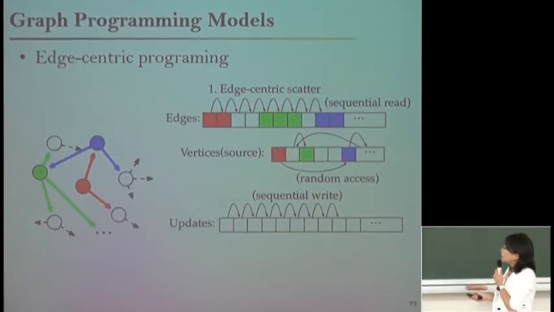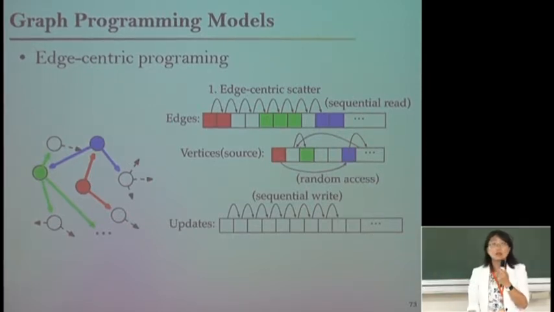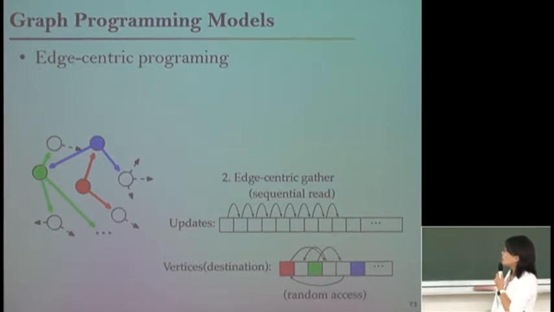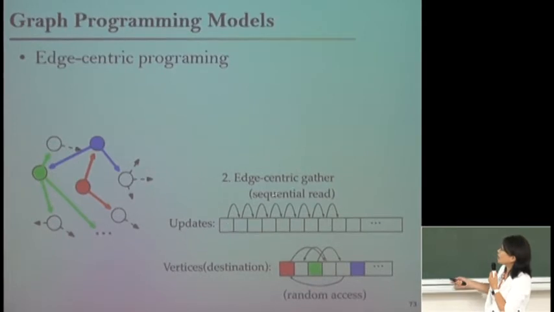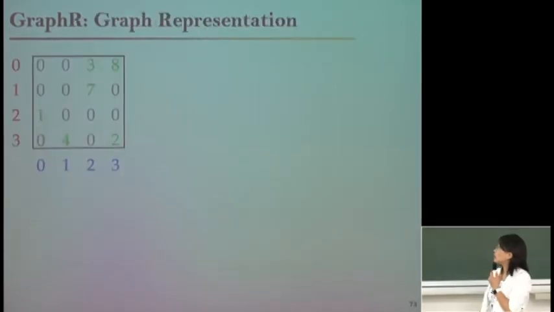In this way, the read can be taken as sequential access, and the write updates can be taken as sequential access. So edge-centric programming is considered better than vertex-centric programming. For the edge-centric gather, again, the edges are accessed through a sequential read, and the vertex destination is in memory, so it's random access.